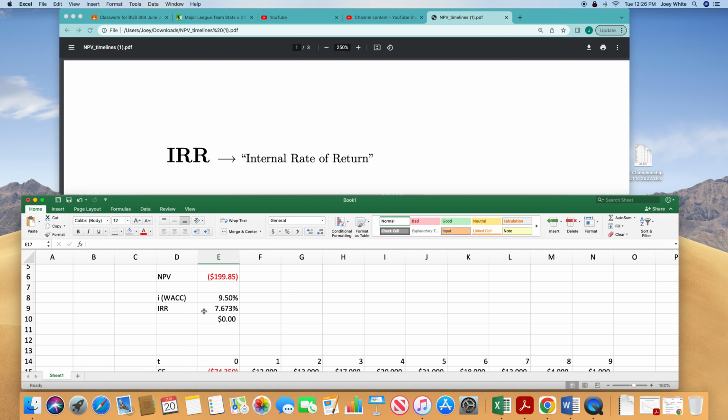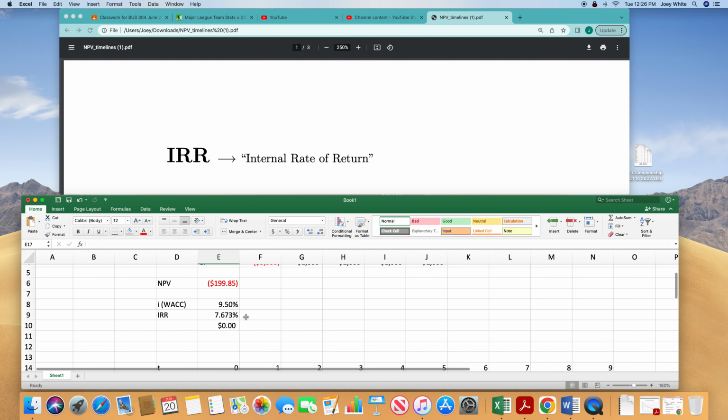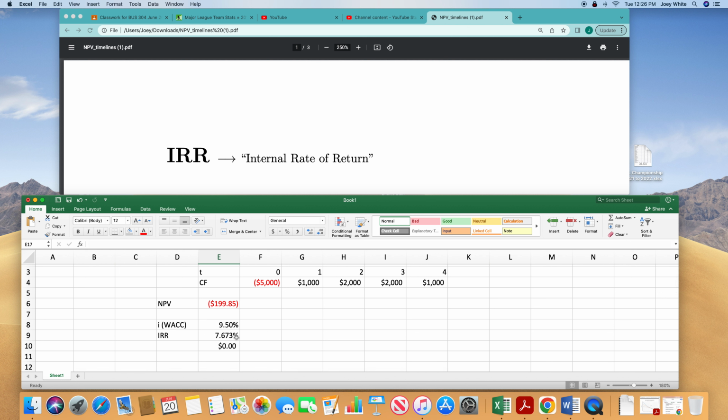On the other hand, let's go back to the YouTuber example. In the YouTuber example, the YouTuber has an IRR of 7.673%, okay? But that's less than their weighted average cost of capital, or the interest rate that they can earn, of 9.5%. Remember, that was on the bond fund, right? And we saw that this example had a negative NPV of negative $199.85.